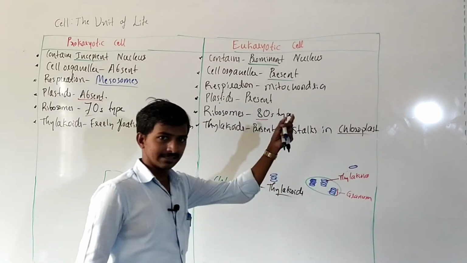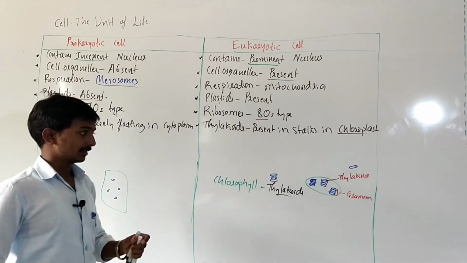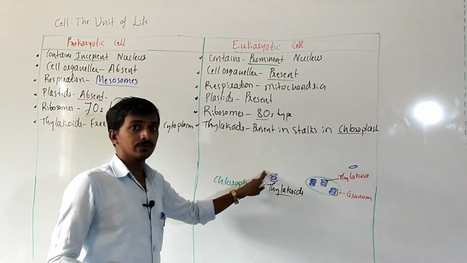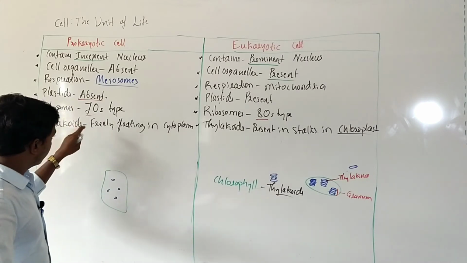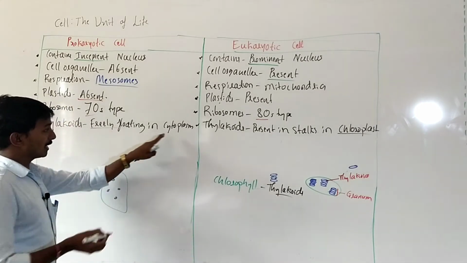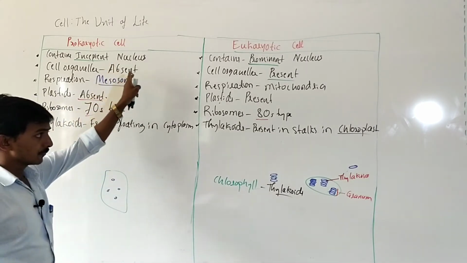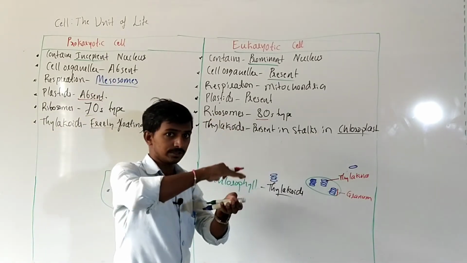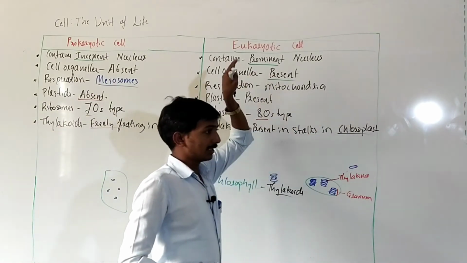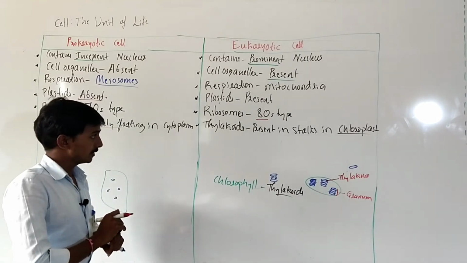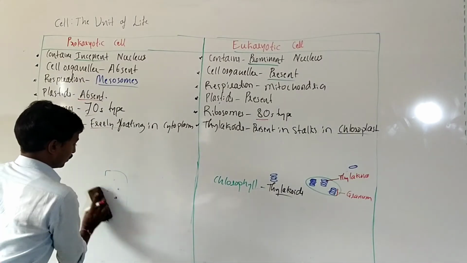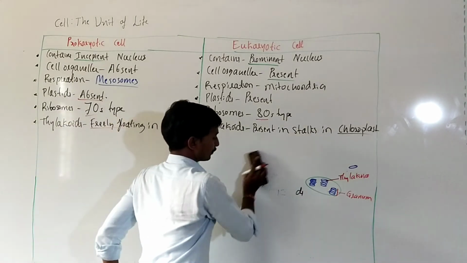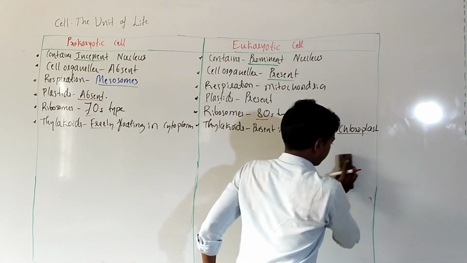We'll discuss this in later classes. So thylakoids, the units of photosynthesis and light absorption, are freely floating in the cytoplasm in prokaryotes, and they are present in stacks one above the other in a chloroplast in eukaryotes. This is one of the major differences between prokaryotes and eukaryotes. Moving on to the next difference.